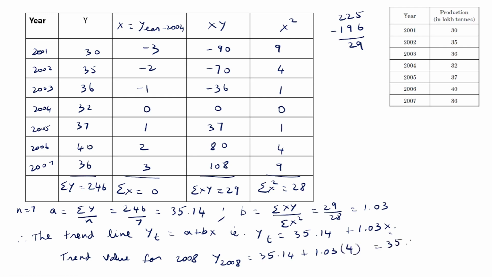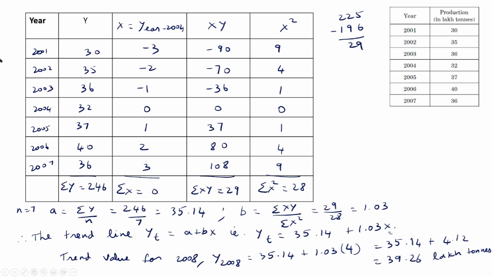This is 35.14 plus 4.12, which is 39.26 lakh tons. So this is the trend value for 2008. It is 39.26 lakh tons.